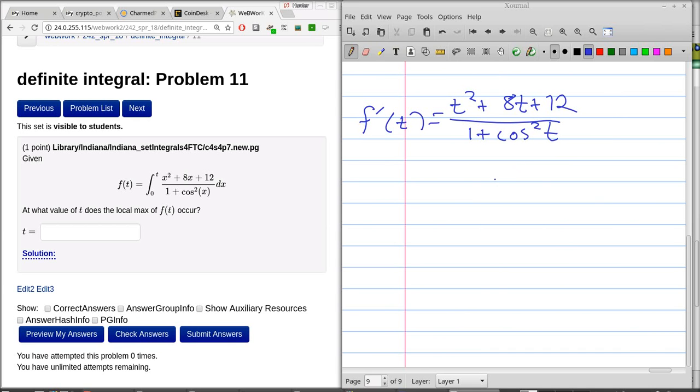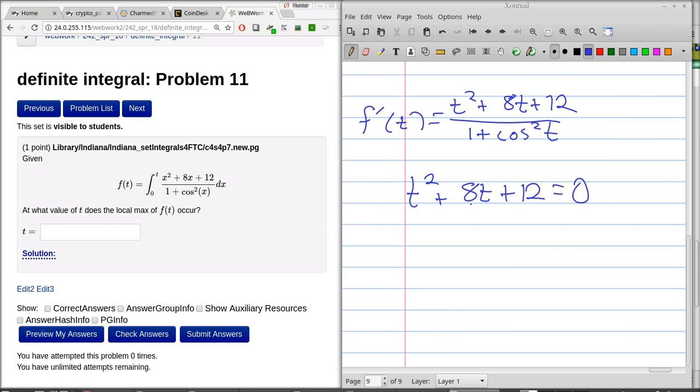And so at what value does it have a local max? We've taken the derivative, and now we set the derivative equal to 0 and solve. This thing in the denominator here can never harm us because it can't be negative because of the square. So the real question is, when is it true that t squared plus 8t plus 12 is equal to 0?